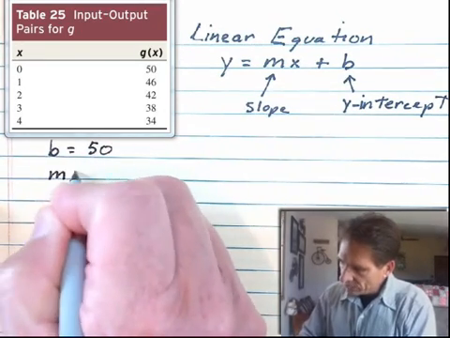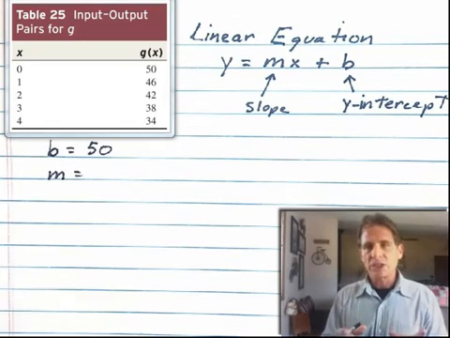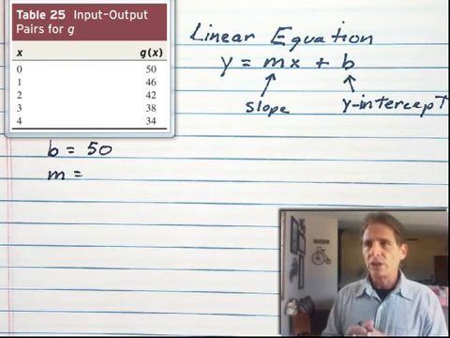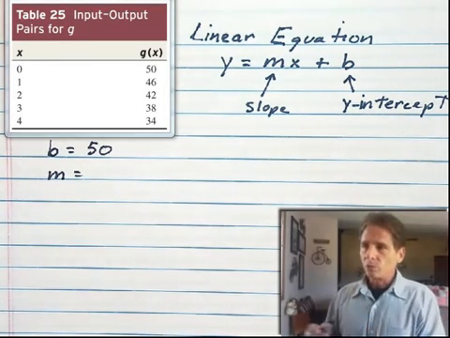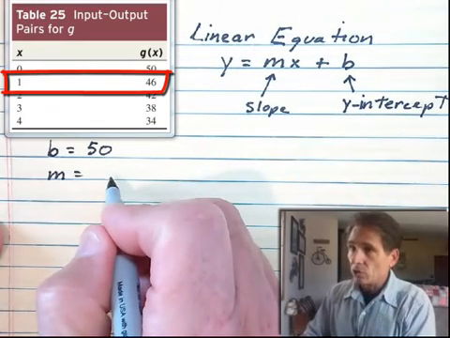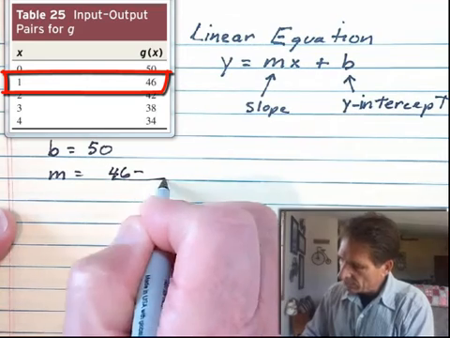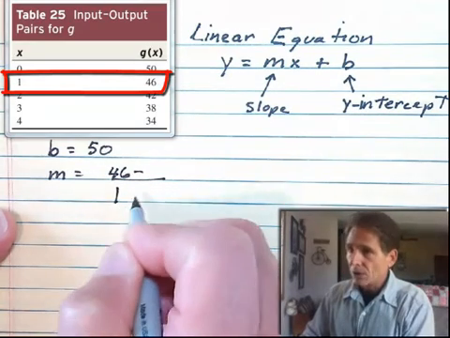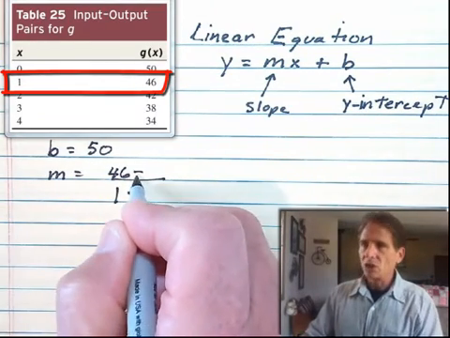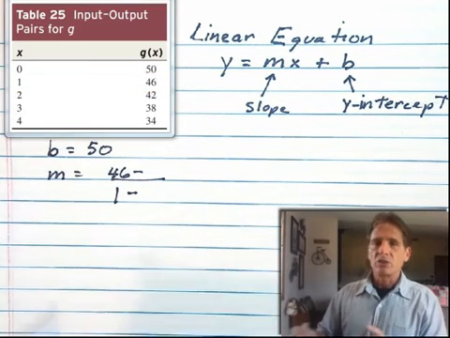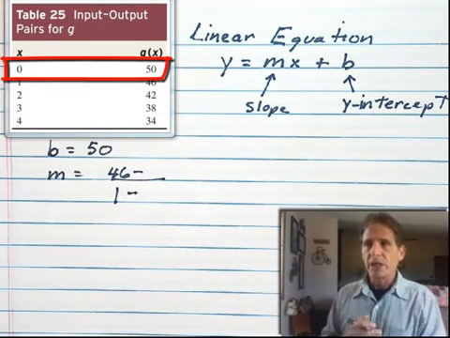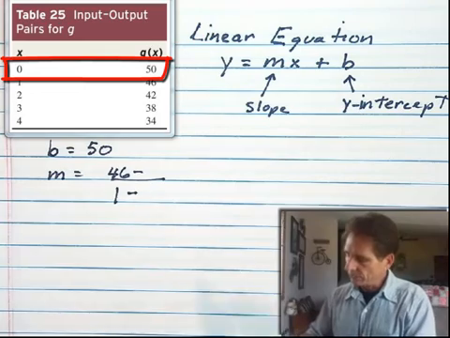Now to find slope, it's the change in the y's over the change in the x's, so I could use any 2 points. I'll use 1, 46 as 1 point, which would be 46 minus the y value of the other over the x, so it's the change in the y over the change in the x. The other point would obviously be x equals 0, y equals 50.